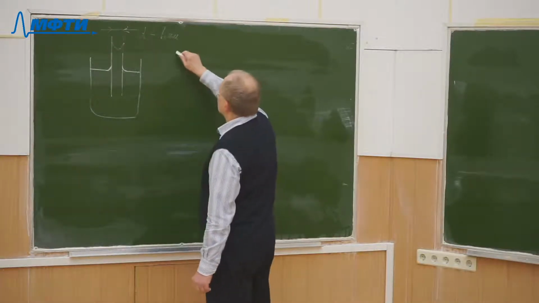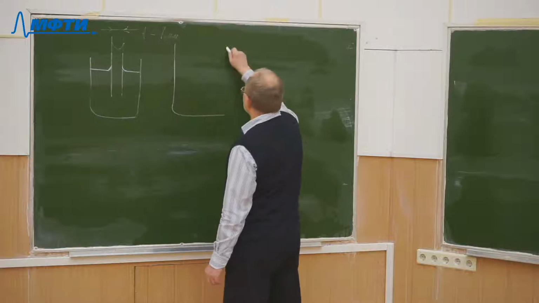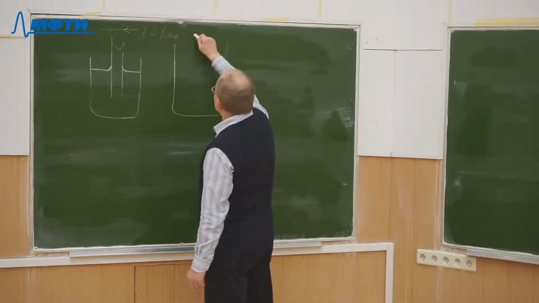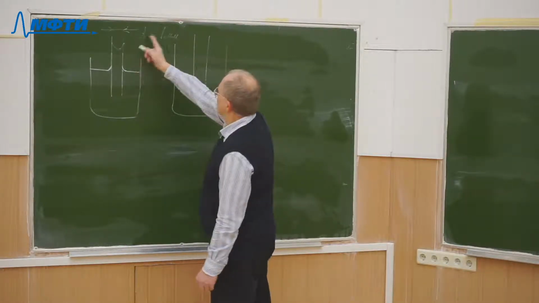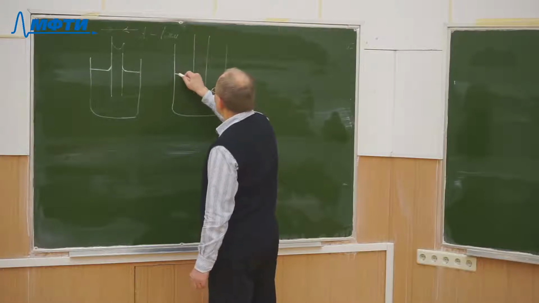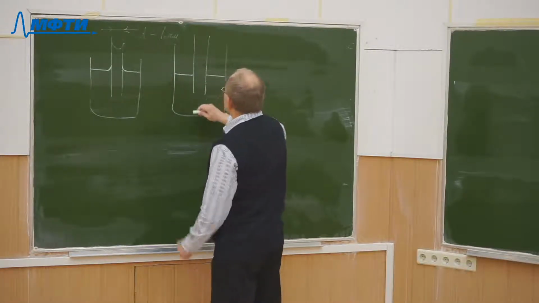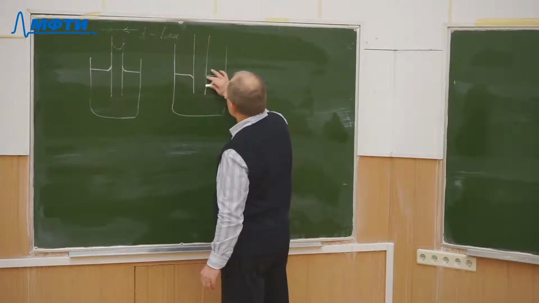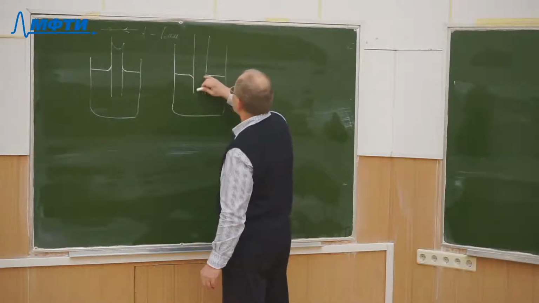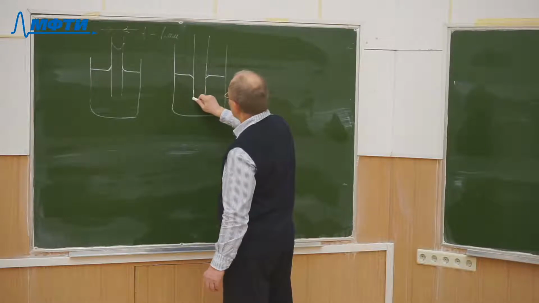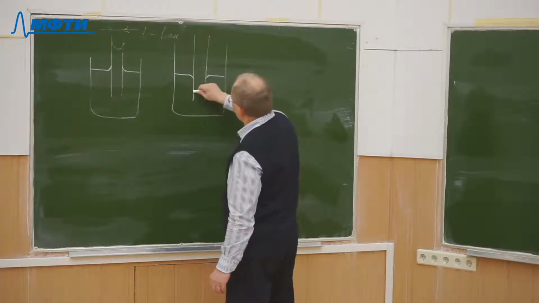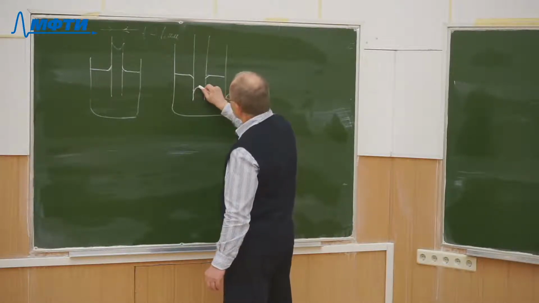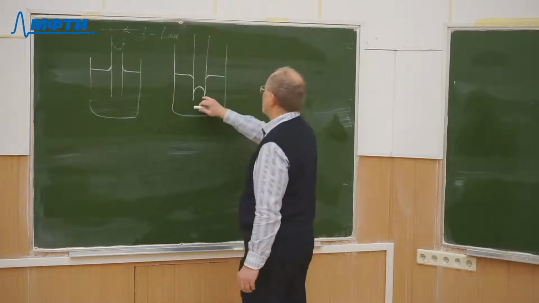If we repeat the same experiment with mercury and immerse a glass tube of the same small diameter in mercury, then the situation will be different. The surface will be deflected in the opposite direction, and the mercury will have this type of surface here.